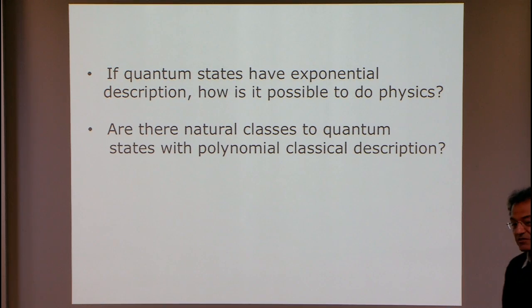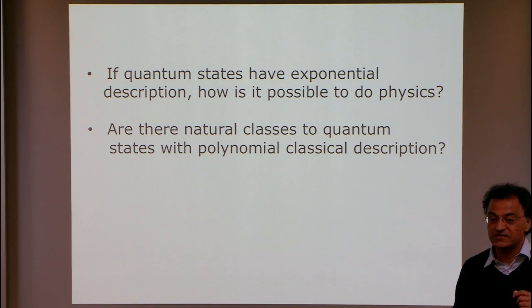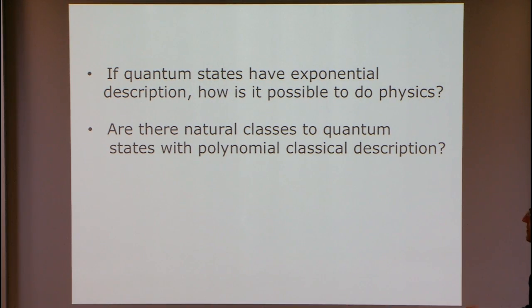So let me try to outline some of these basic questions. One direction you can go with all this is you can say, well, if quantum states have this exponentially large description, how is it possible to do physics at all?